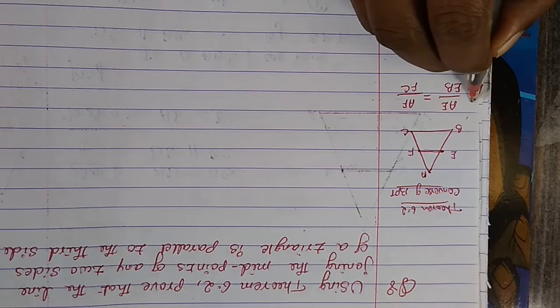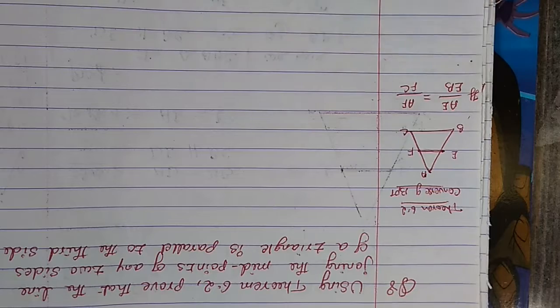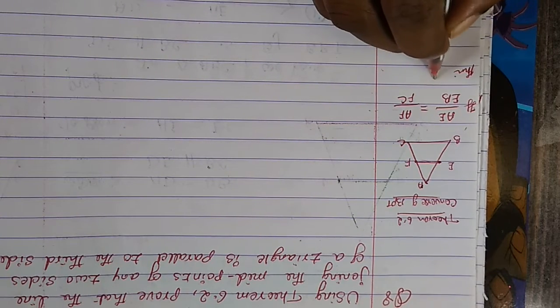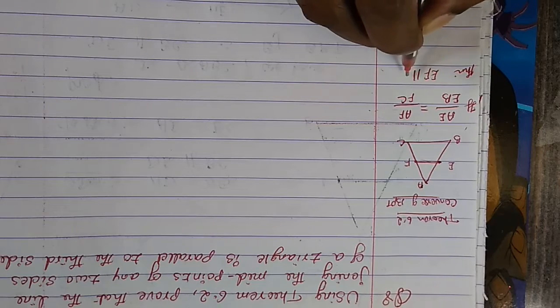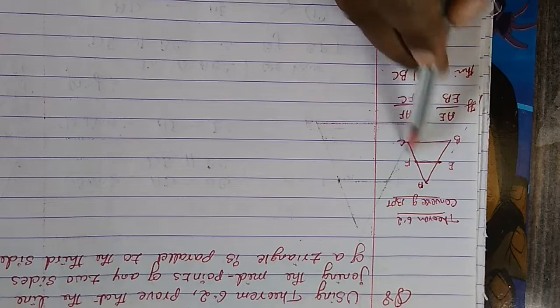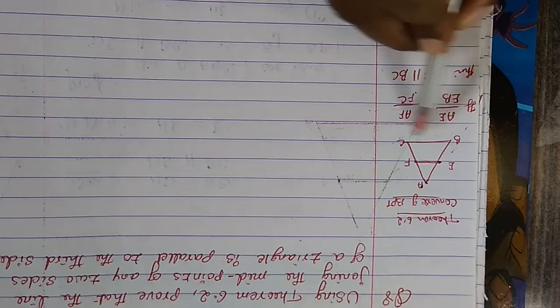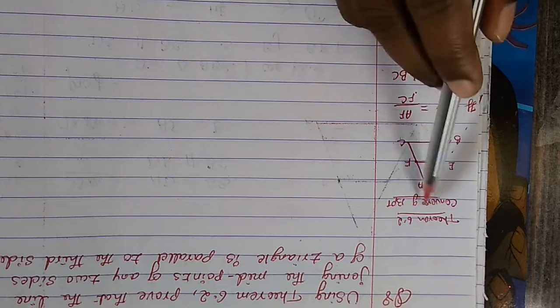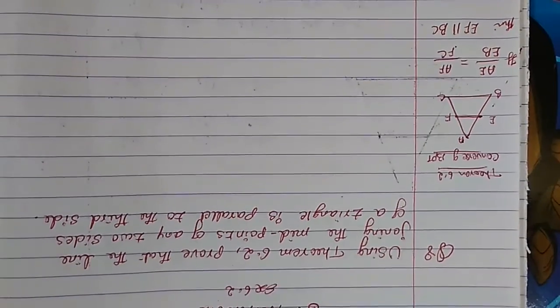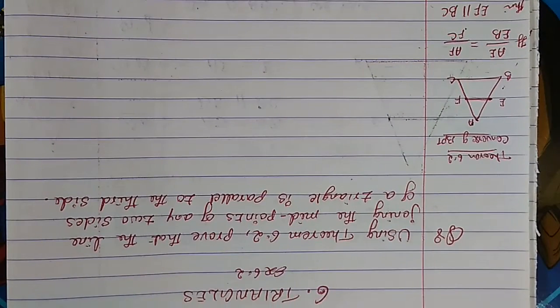So if the ratios are equal, then EF will be parallel to BC. So if these two sides' ratios are equal, then the lines are parallel. That's what theorem 6.2 says, and that's what we have to use here.